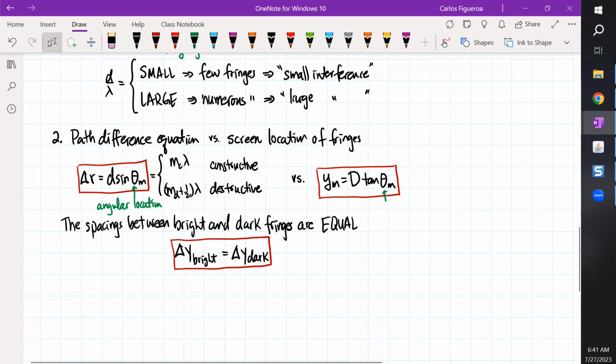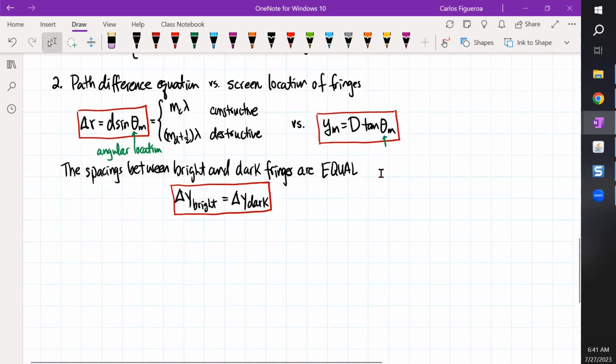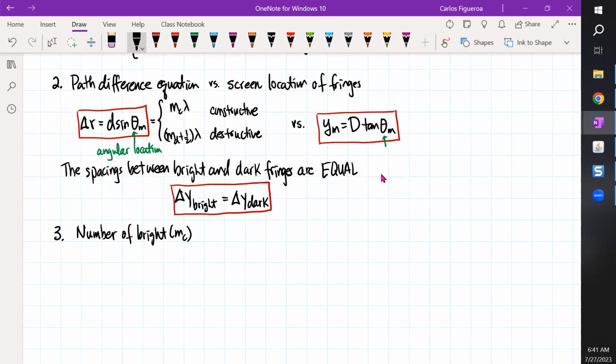Then we started talking about the number of bright and dark fringes. So the number of bright, which we call m_c, and dark fringes.